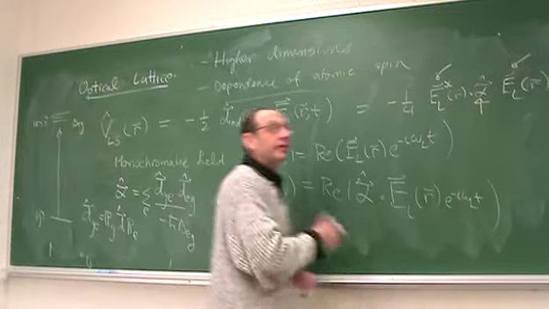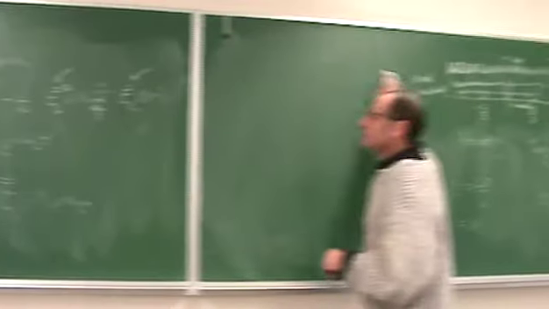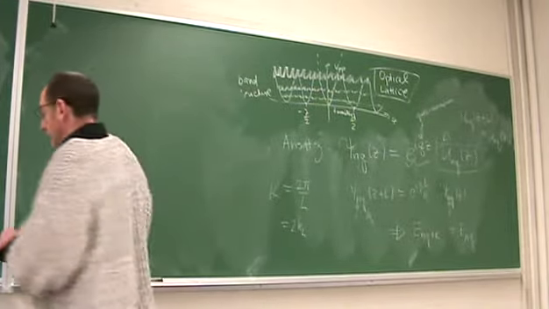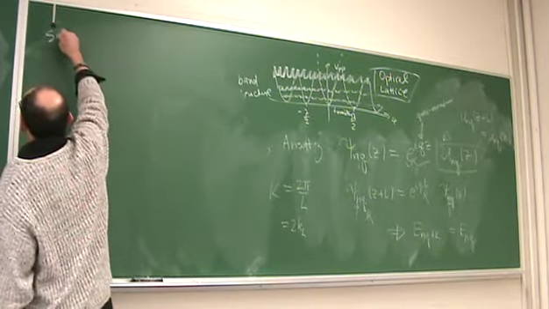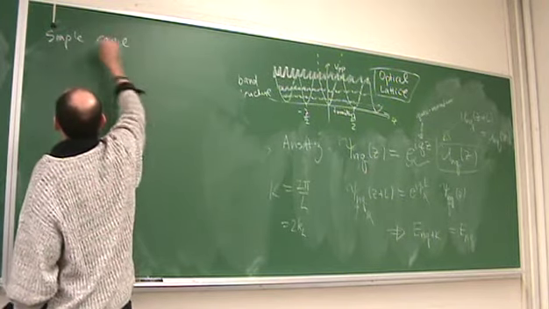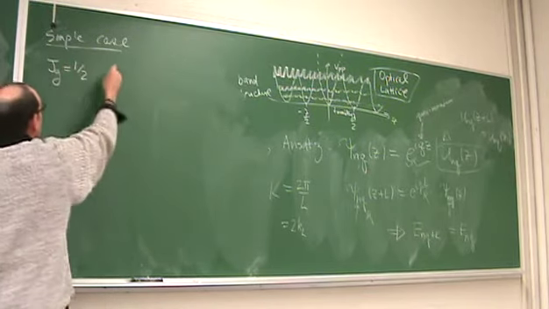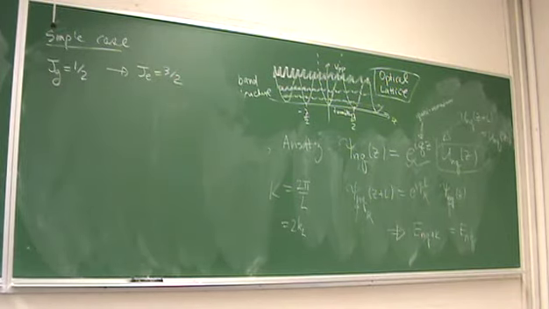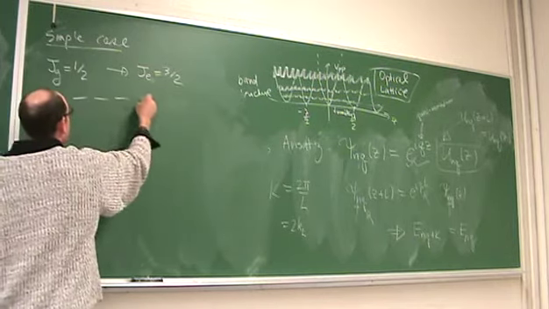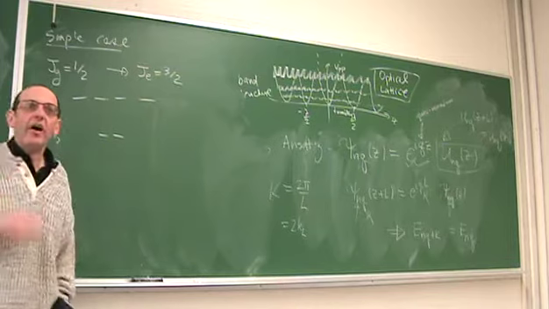Let's take a look at this in some simpler case. Suppose we look at an atom which has a ground state angular momentum 1/2 and an excited state angular momentum 3/2, the kind that we were looking at in the context of Sisyphus cooling. So we have a sort of nuclear spinless model of the D2 line of an alkali.